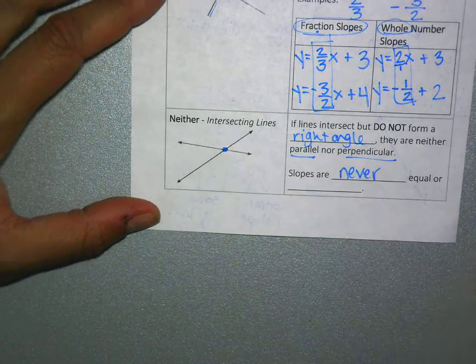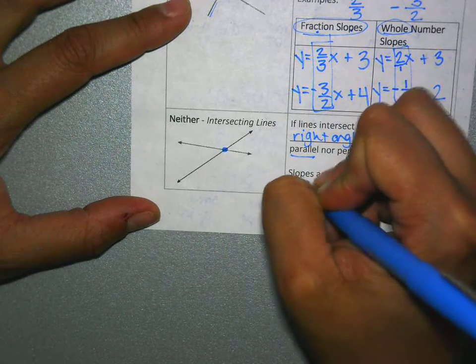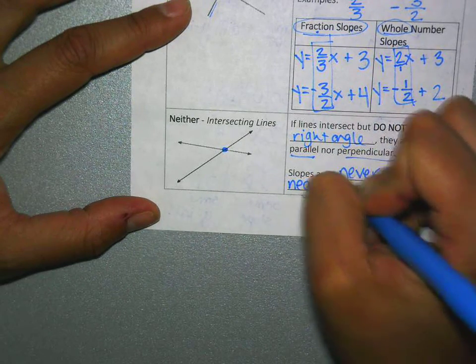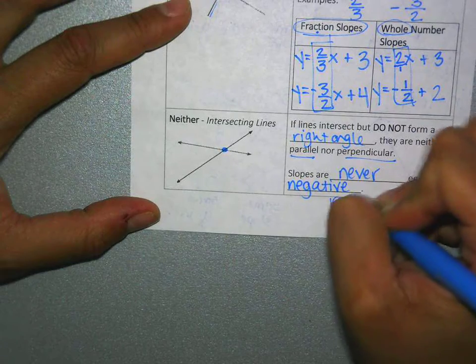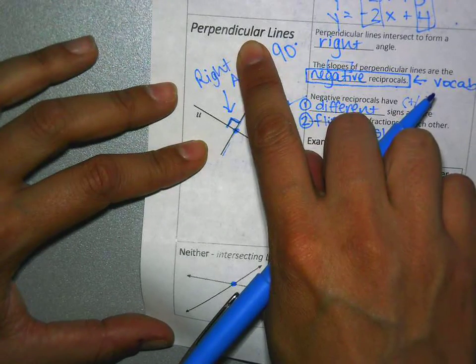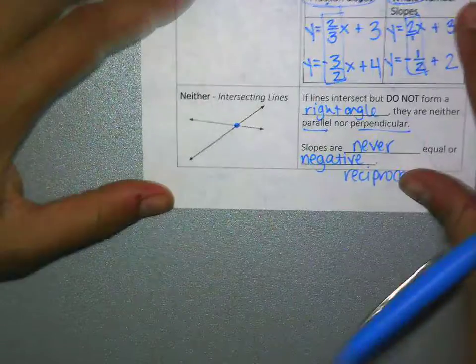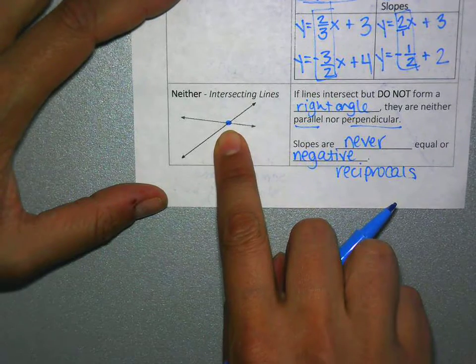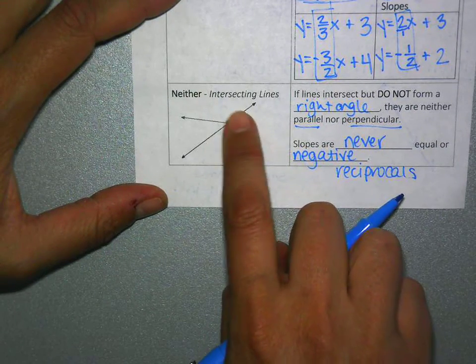So they're never equal, and the slopes are never negative reciprocals. Because if they were negative reciprocals, then they would be perpendicular lines. So again, intersecting lines do not form a right angle, and they are not parallel.